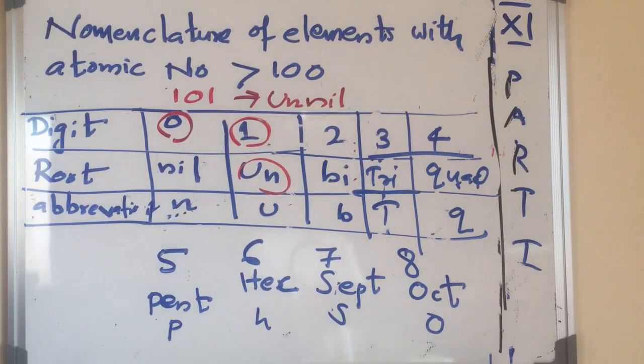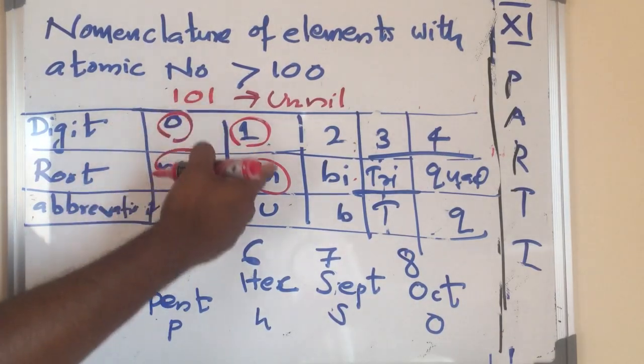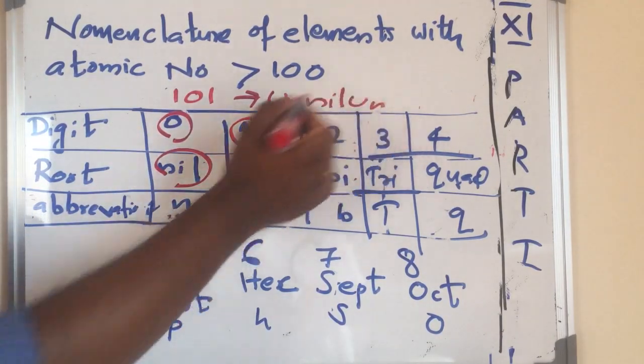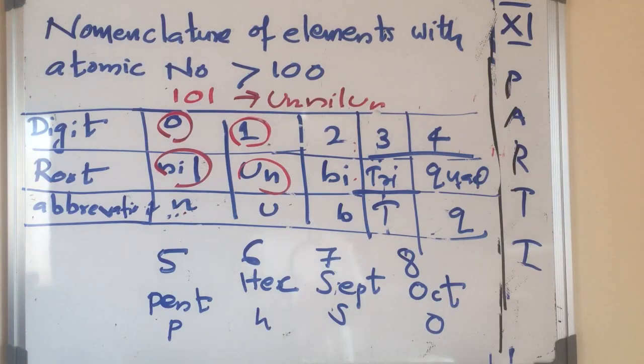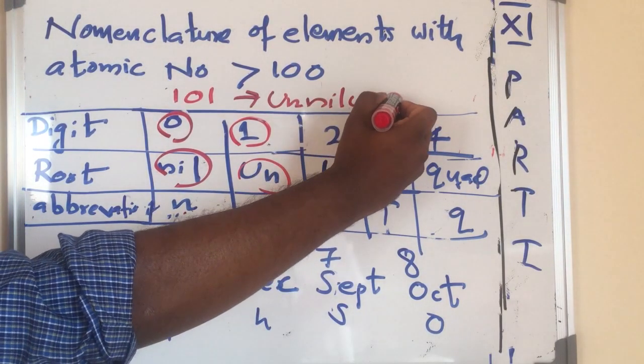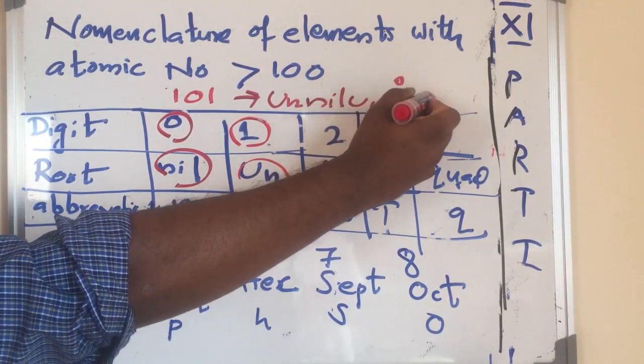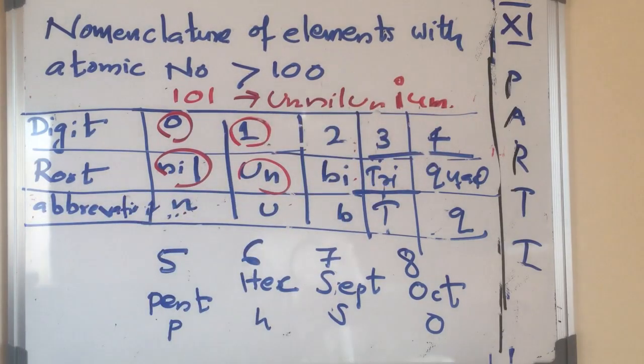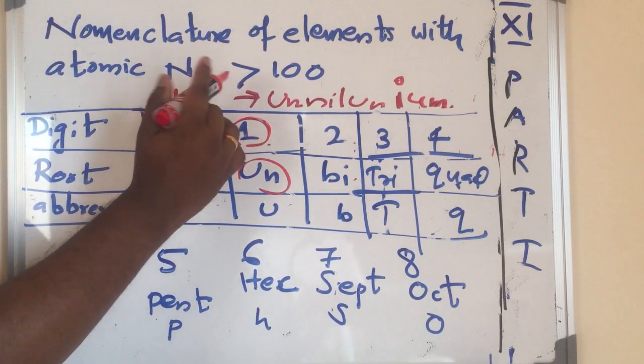Then for 1 again, write un. So un, nil, un. Then add ium. So what is the name? Un-nil-unium. Understood?